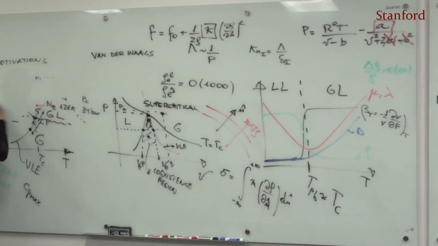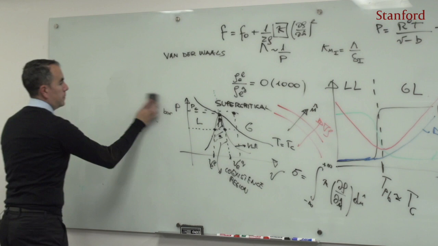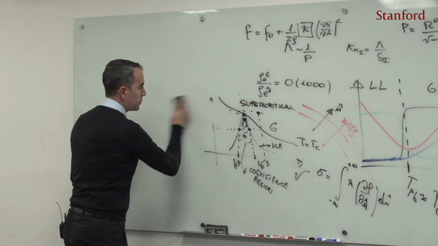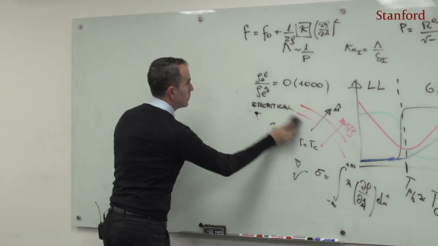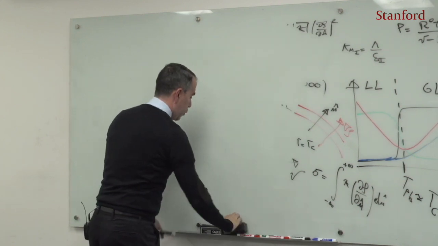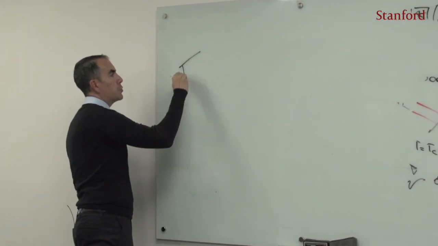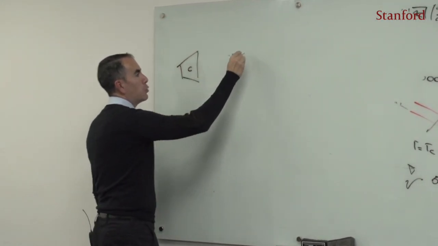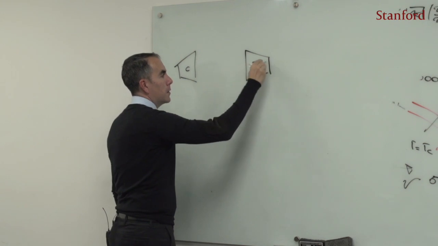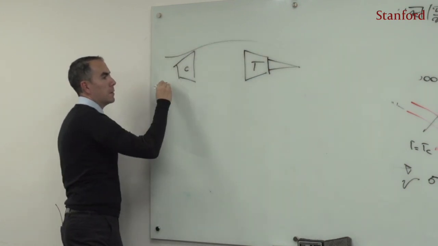So let me talk here about gas turbines or jet engines first. If I look at a gas turbine or at a jet engine, I have a compressor here, I have a turbine here, I have the exhaust there, and this is the fairing of the engine.